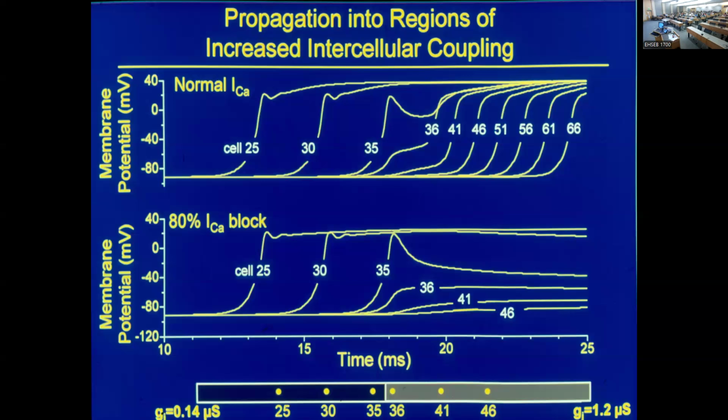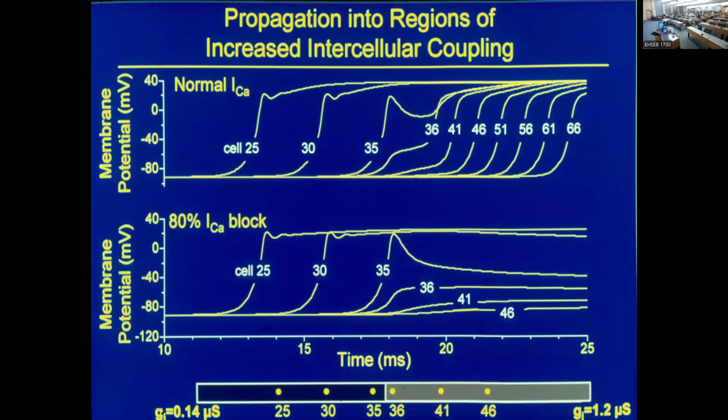You can see here a long delay between 35 and 36. And this whole time, the membrane voltage at the plateau is held by calcium current. So now Robin blocked the calcium current by 80%.